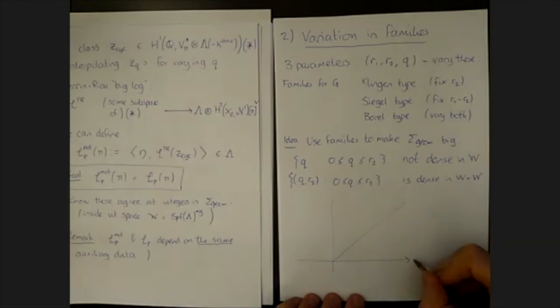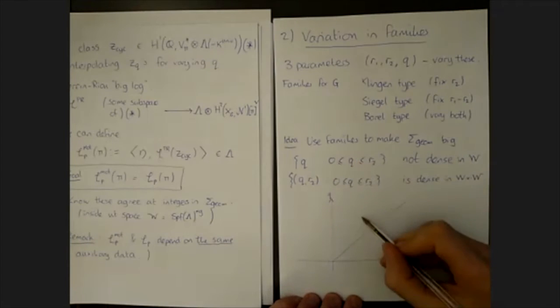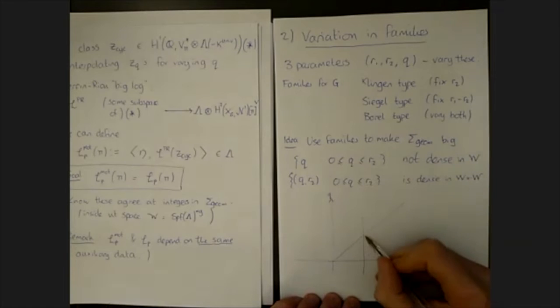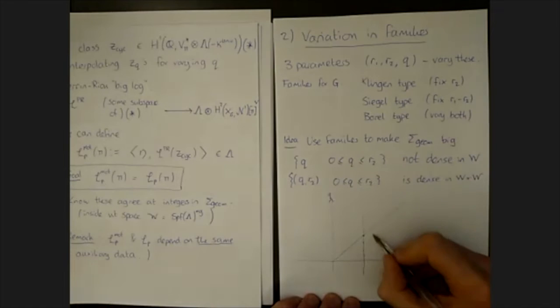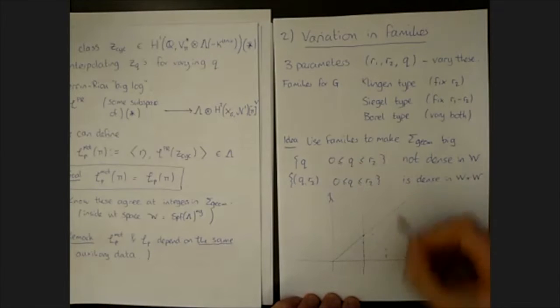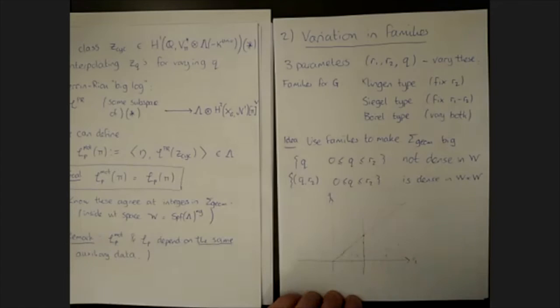Imagine this variable is R2, this variable is Q. If you just look at R2 being fixed, there's somehow only finitely many lattice points on this line. But if you look at all points satisfying these conditions, you've got some big region, and that's actually dense, rigid analytically, in the whole plane.